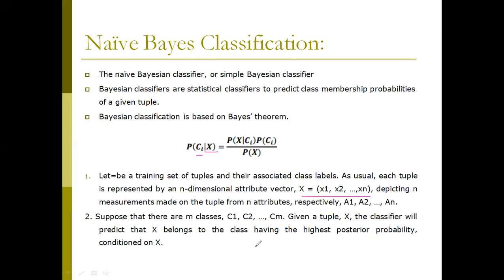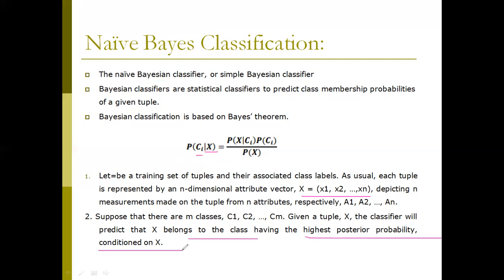The given tuple X belongs to which class? After that, we find the highest posterior probability for X. The tuple X belongs to which classes, and what is the highest probability for that tuple?